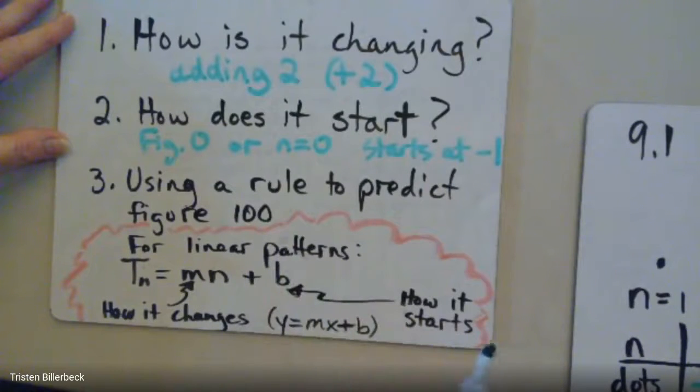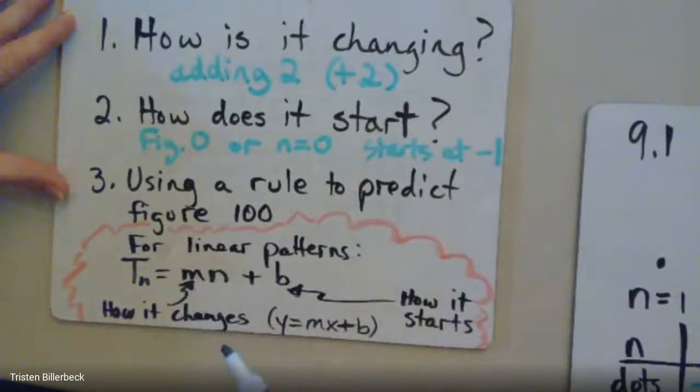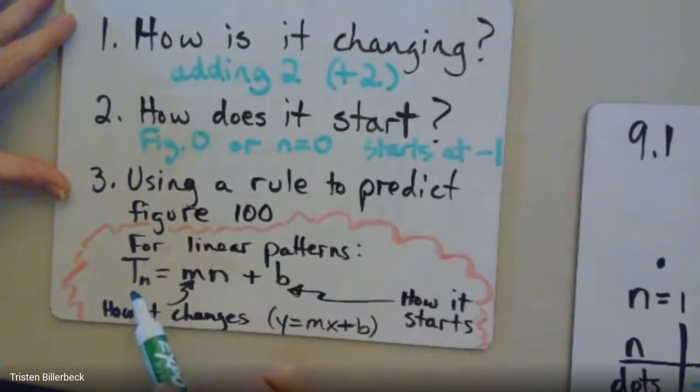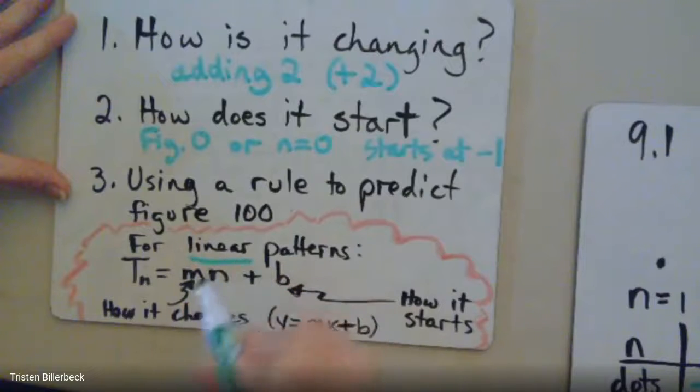So when we do that, we can predict a rule to find figure 100. So our rule is going to look like this. So the nth term, that's how we would say t sub n, the nth term for a linear pattern, that's very important, would be m times n plus b.